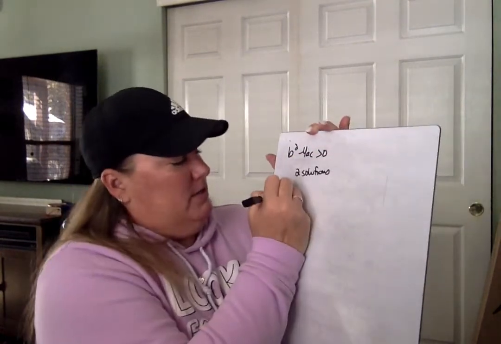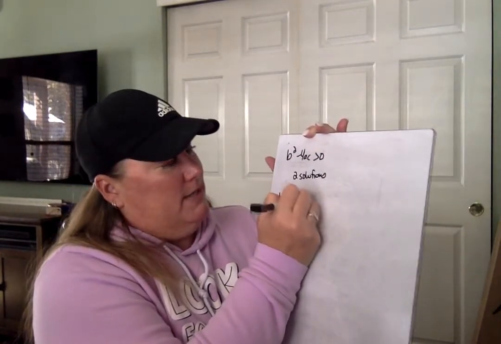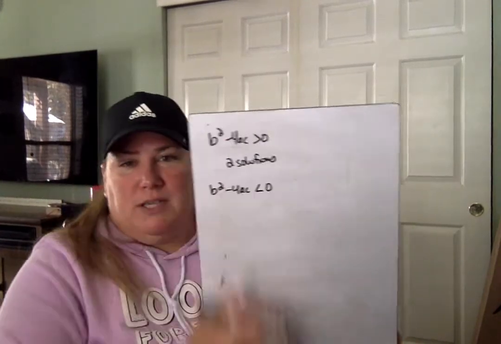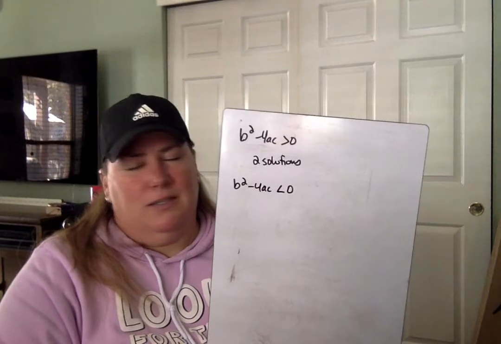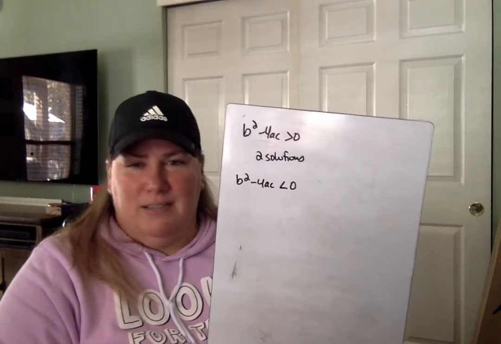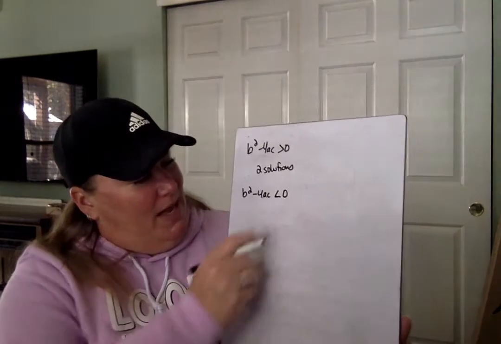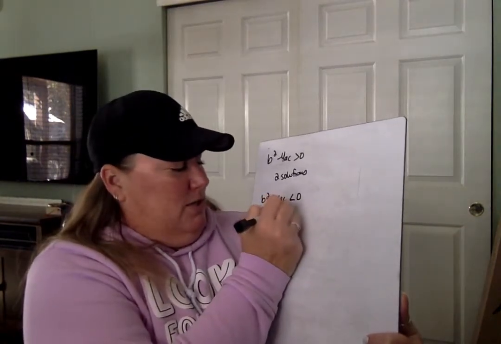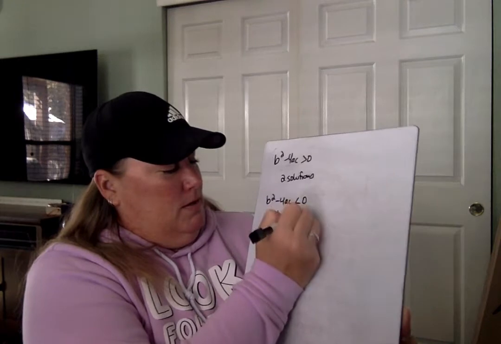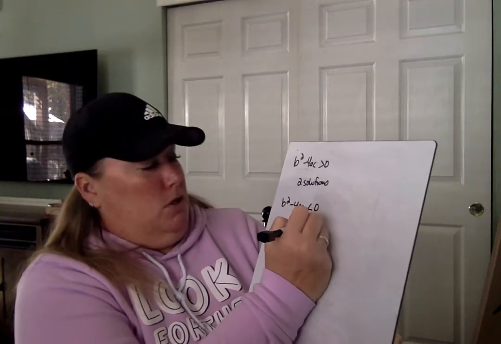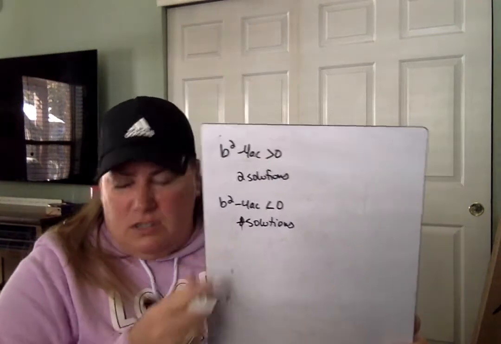If the discriminant b squared minus 4ac is less than 0, like the 2 problems I just did here that had the same discriminant, what are the odds of that? I don't know, but it is what it is. Sorry, 0 solutions.